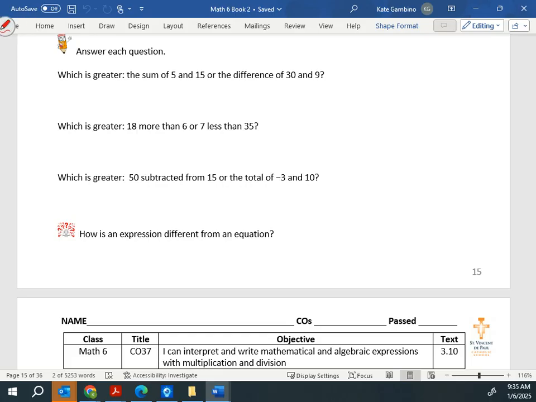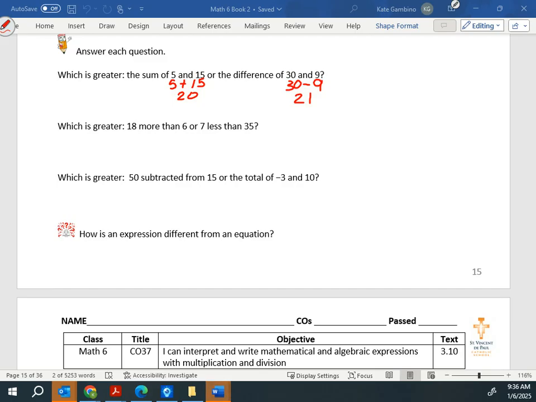Nolan? Yeah, because we know the sum means we're adding 5 and 15, so that's 20. What's the difference of 30 and 9? The difference of 30 and 9. So think about what difference means, Sarah. 21, because difference means we subtract them, so that's going to be 21.